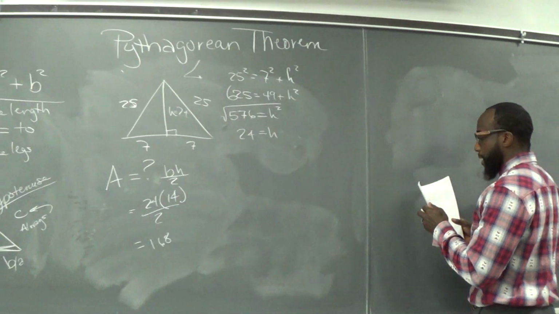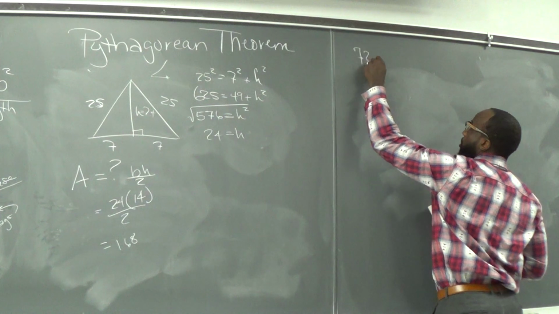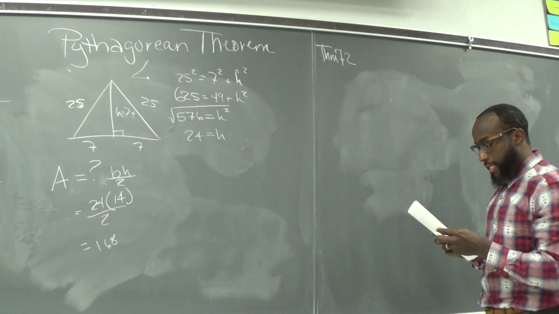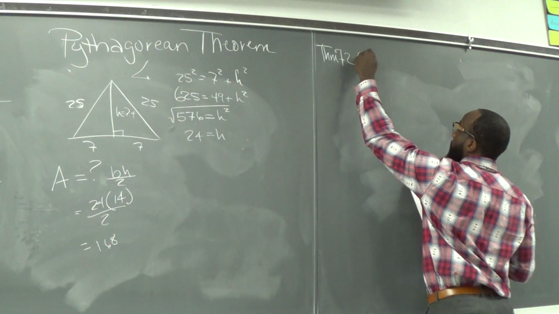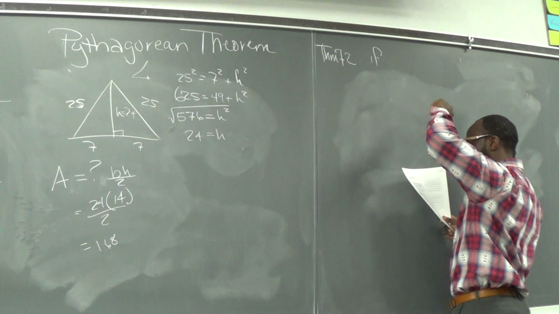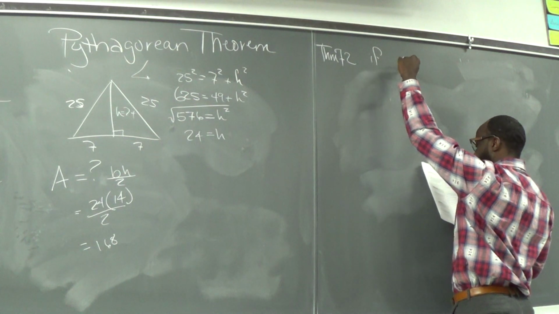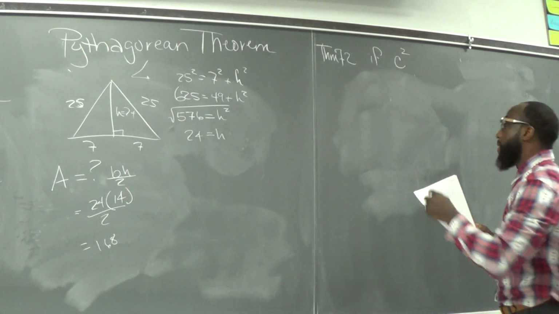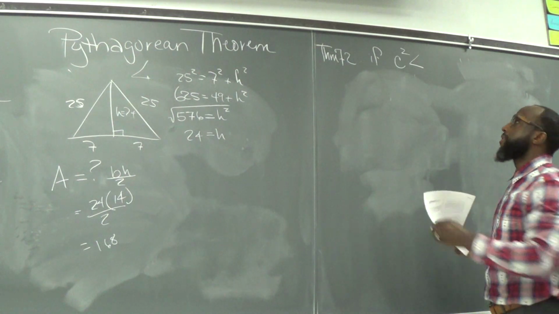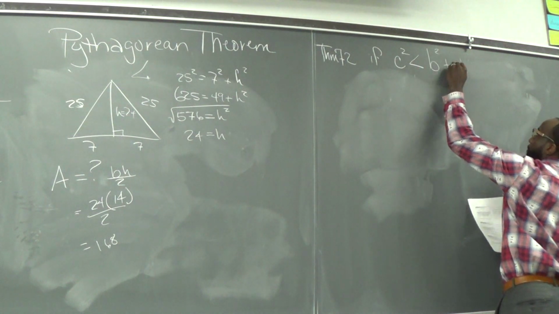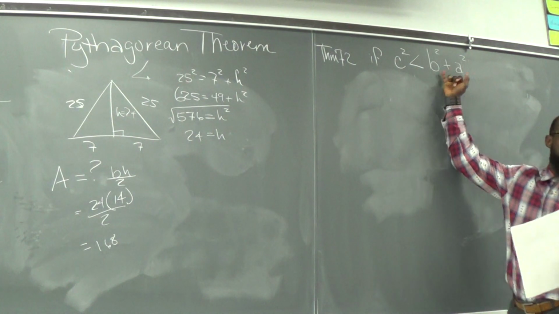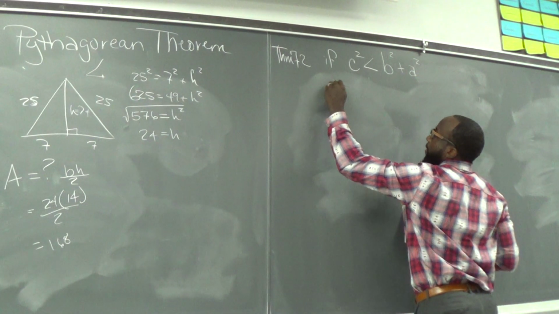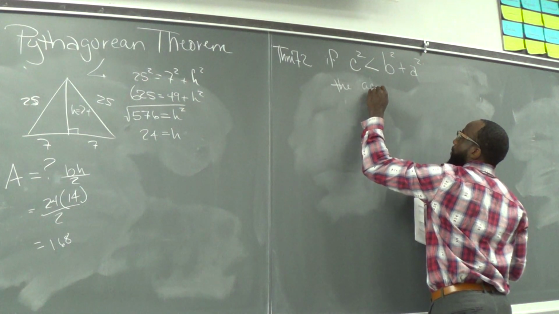So let's go to 7.2. Theorem 7.2 says this: if the square of the longest side is less than the sum of the squares of the other two sides, so if a squared plus b squared is bigger than c squared, then you have an acute triangle.